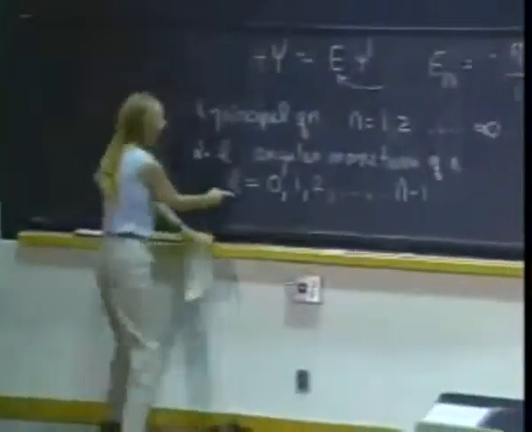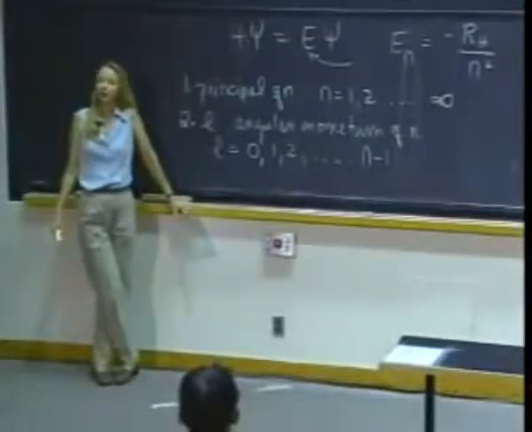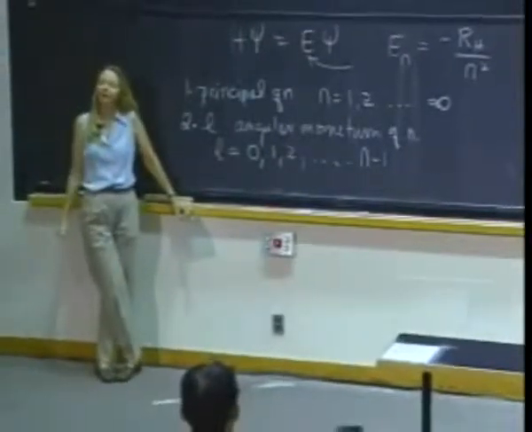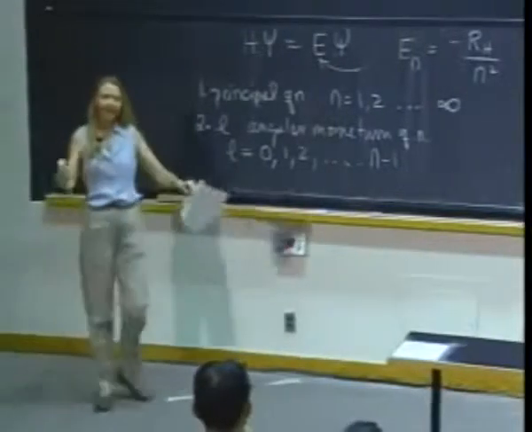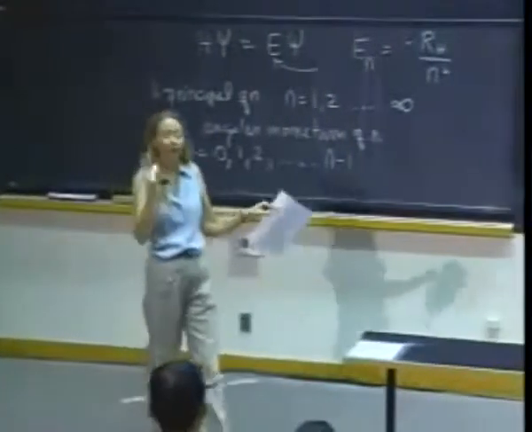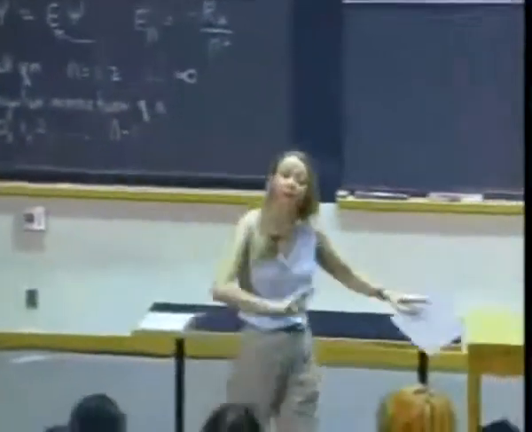Whereas the quantum number L, the angular momentum quantum number, determines how much angular momentum the electron has. And in a classical picture, you may be familiar with the fact that if something's got angular momentum, it has rotational kinetic energy.